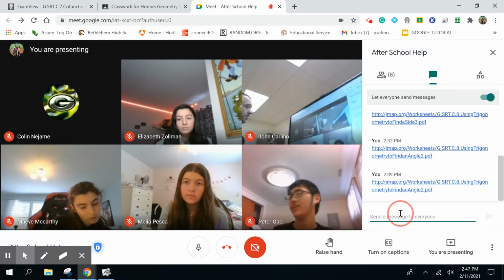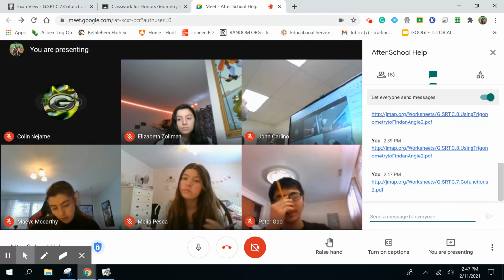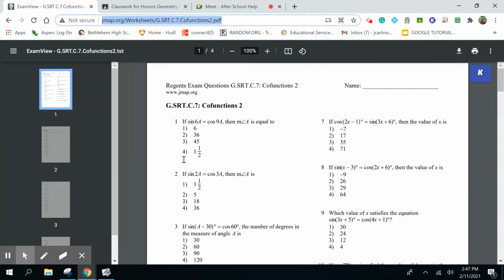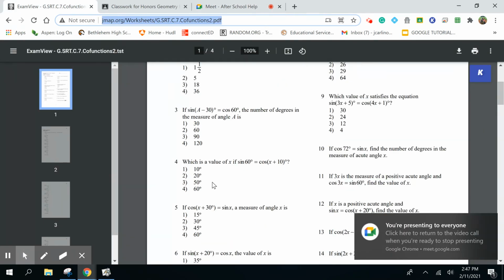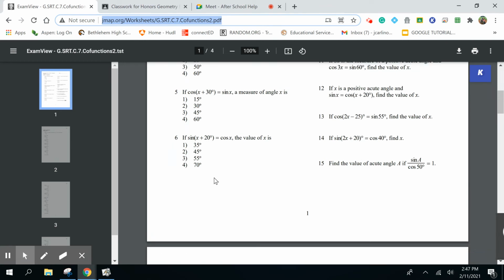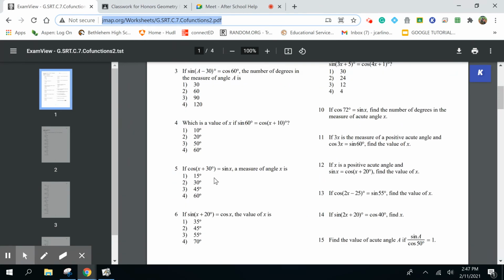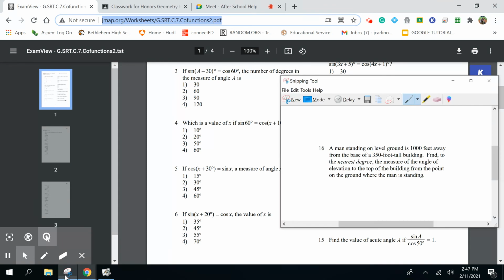Here you go. This is sine equals cosine coming at you in the chat. All right, I'll do a different one than what I did at the beginning. They're pretty repetitive. I'll do number 4, I guess.